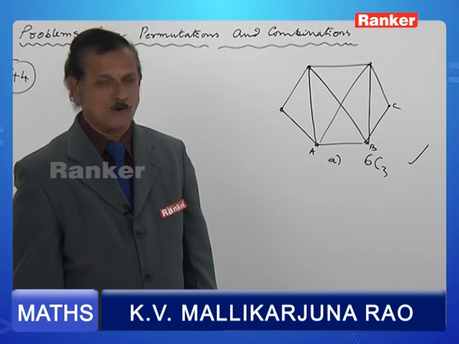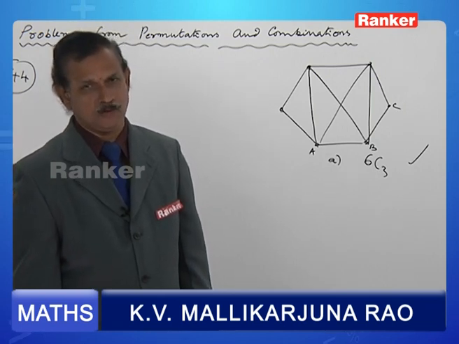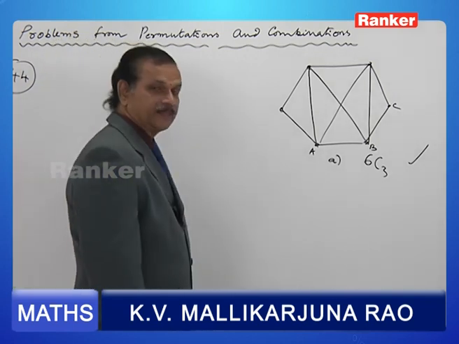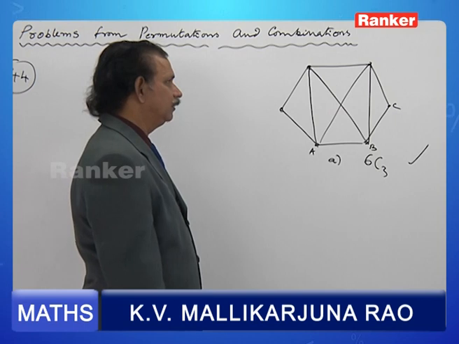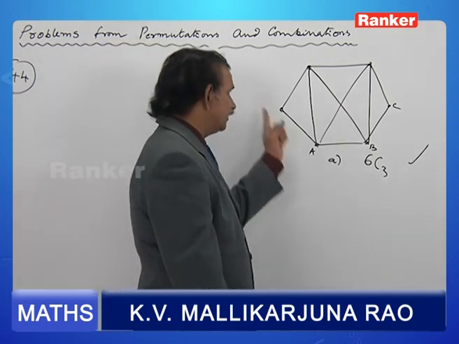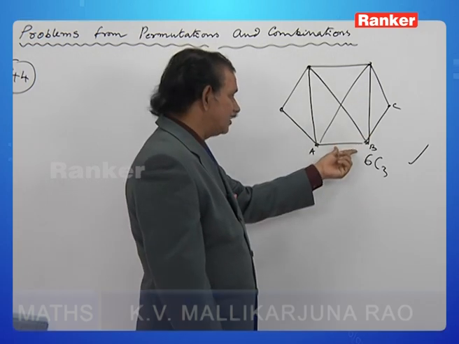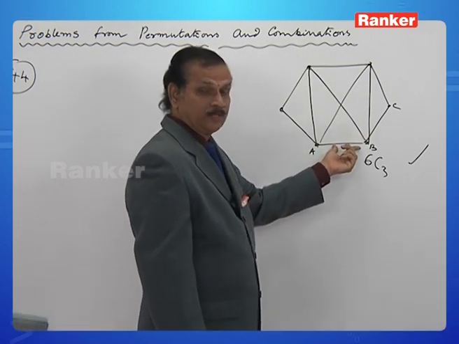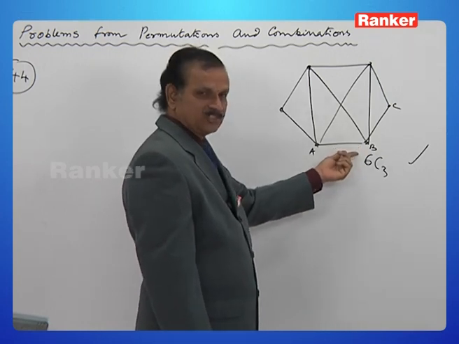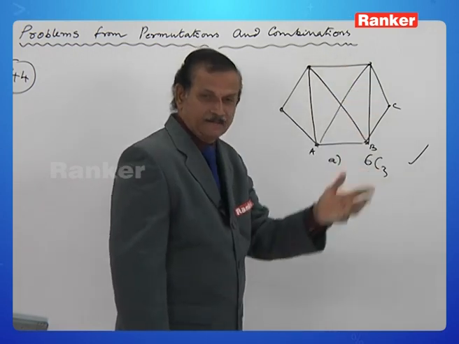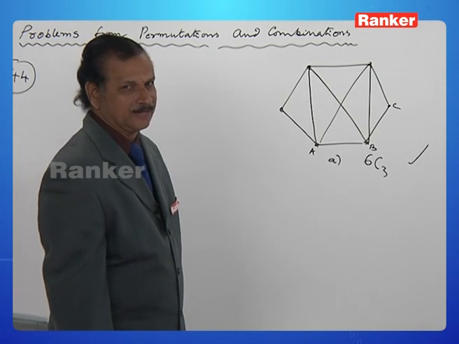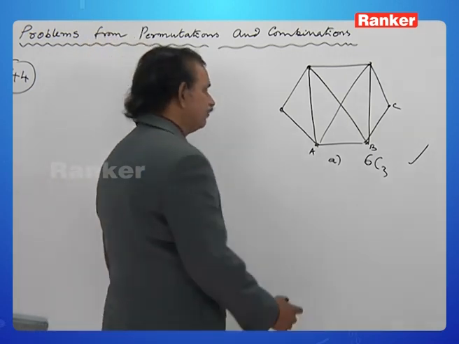You have omitted 4. The remaining is n minus 4. Therefore, the third point can be chosen in n minus 4 ways. Provided there are n sides, you have to choose one side, that can be chosen in n ways. Therefore, the side can be chosen in n ways and the third vertex can be chosen in n minus 4 ways. All together, what is the total number of triangles? n into n minus 4.